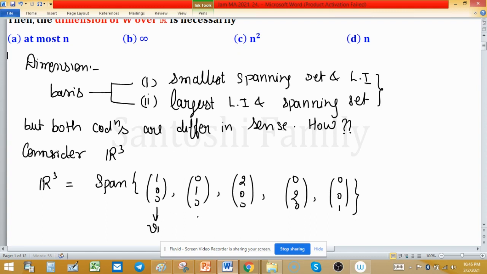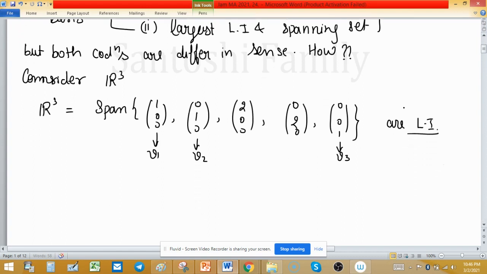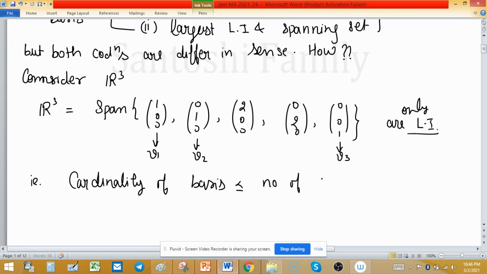Clearly, these V1, V2 and V3 are the only LI vectors. So we can conclude that the cardinality, or number of elements, of a basis is at most the number of spanning elements.